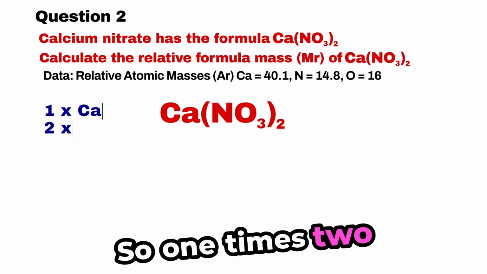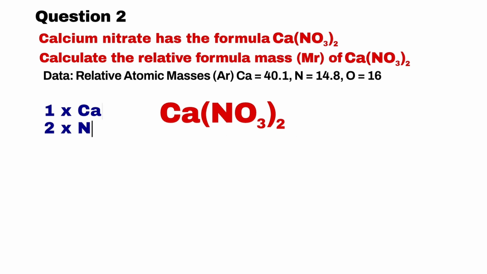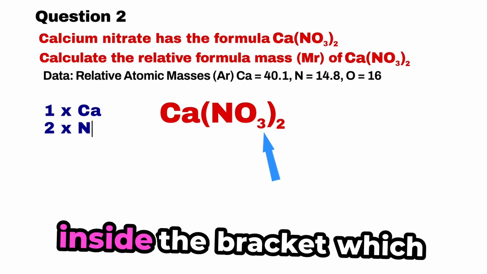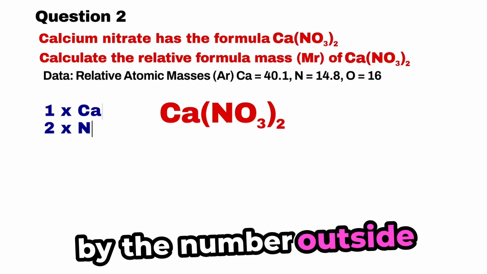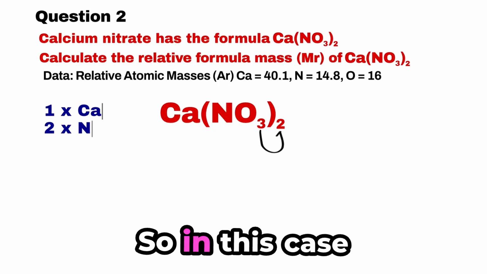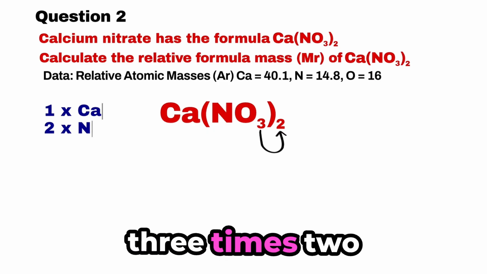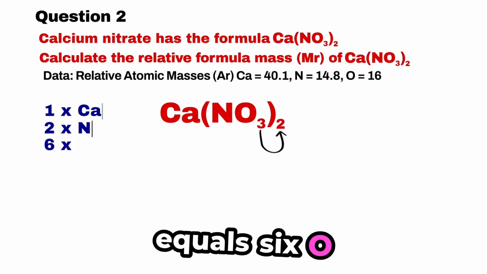So 1 times 2 is 2N. O, for oxygen, has a subscript of 3 inside the bracket, which needs to be multiplied by the number outside the bracket. So in this case, 3 times 2 equals 6O.